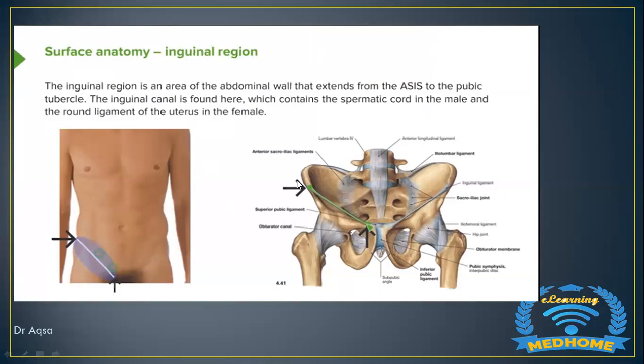So this area is called the inguinal region. We are going to study this region, and it includes the inguinal canal. In the inguinal canal, we have contents, like we had the contents of the rectus sheath.